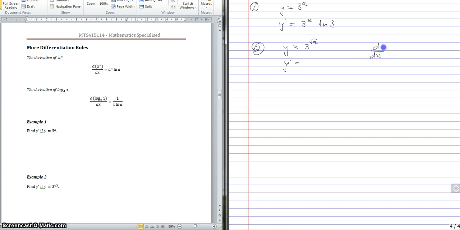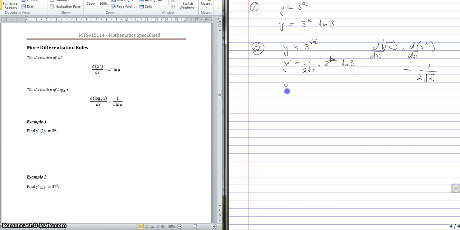the derivative of the square root of x, that's the same as the derivative of x to the half, which is 1 over 2 root x. Okay, so we have 1 over 2 root x multiplied by, applying our rule, 3 to the x times the natural log of 3.